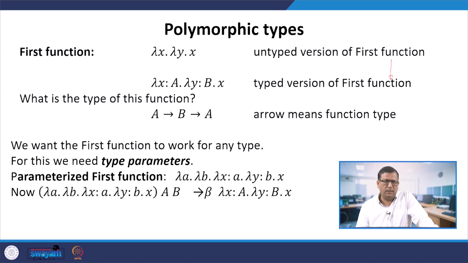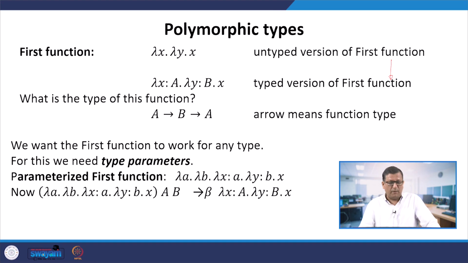Now it can work with anything, like bool arrow int, or some other types. So how to realize this is the question. Just like the normal parameters x and y, we have type parameters. The type parameters can be instantiated with whatever types we want.